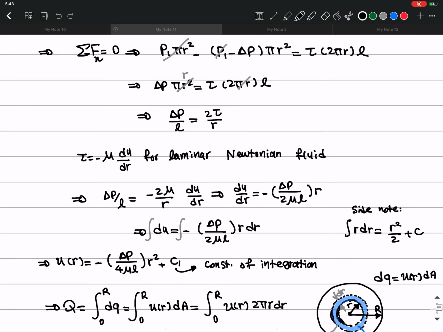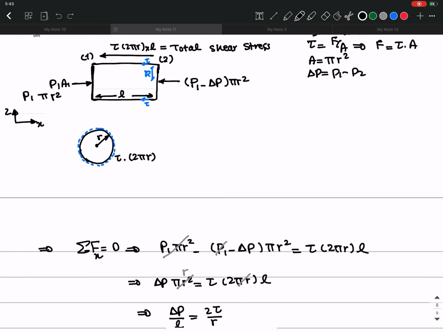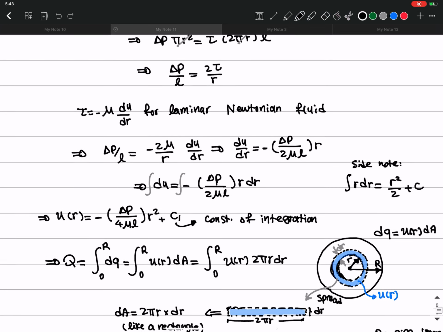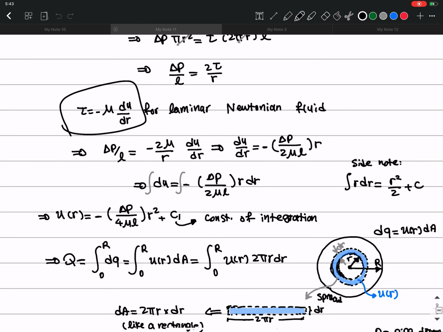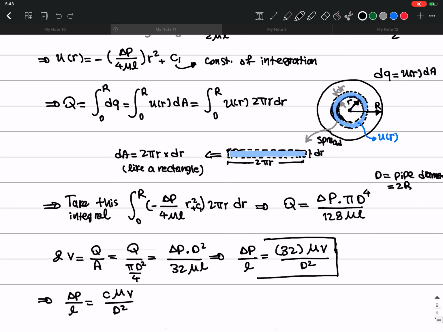By just using the sum of forces equals 0, which is Newton's second law, and tau equals mu du over dr for a laminar Newtonian fluid, and also some integration. We were able to find this C. So we found this C for round pipes. This equals 32.